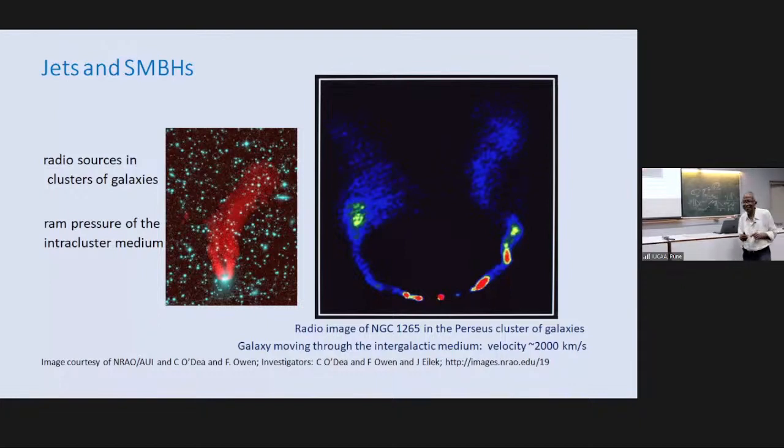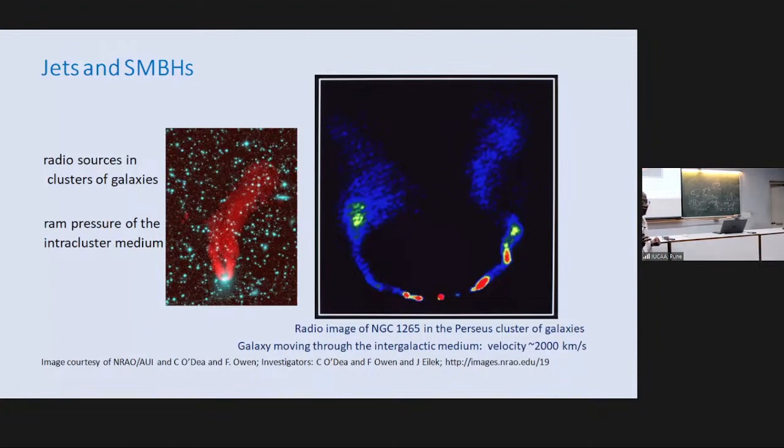So in a cluster of galaxies, the galaxies are also moving about in the potential of the overall cluster. And in a cluster of galaxies, the total mass contributed by the visible galaxies which we see is maybe about 10% or even less than that.